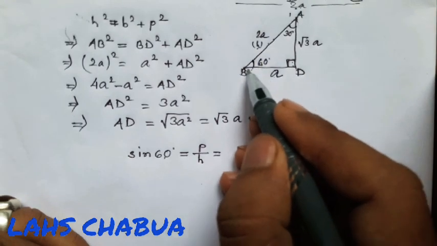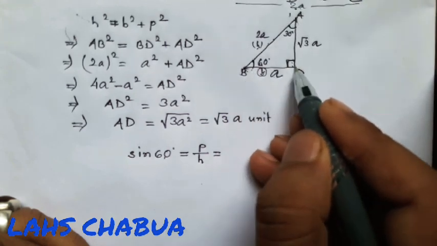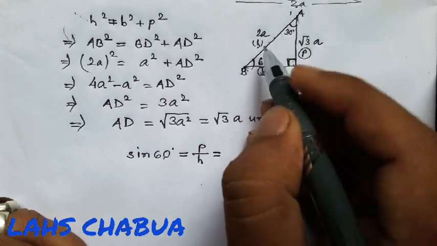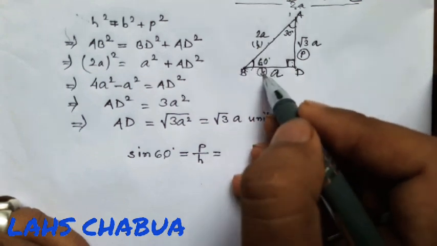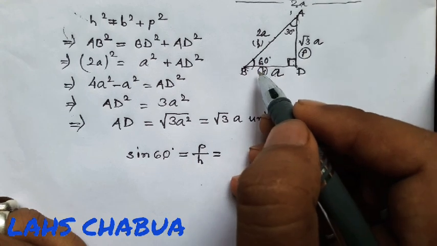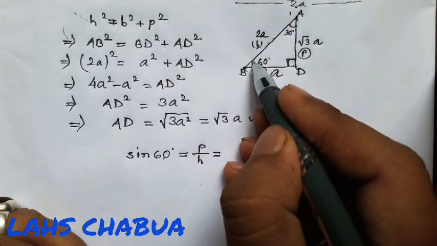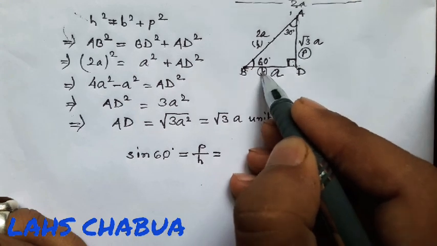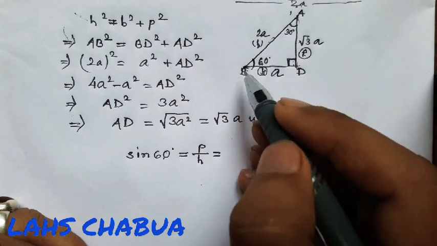The side adjacent to 60 degree, that is BD, will become the base, and if BD is the base, then definitely AD is the perpendicular. Just as I have told you, the hypotenuse of a right angle triangle never changes, but base and perpendicular may change depending on the reference acute angle. Since our angle is this 60 degree, BD will become the base, AD is the perpendicular, and AB is the hypotenuse.